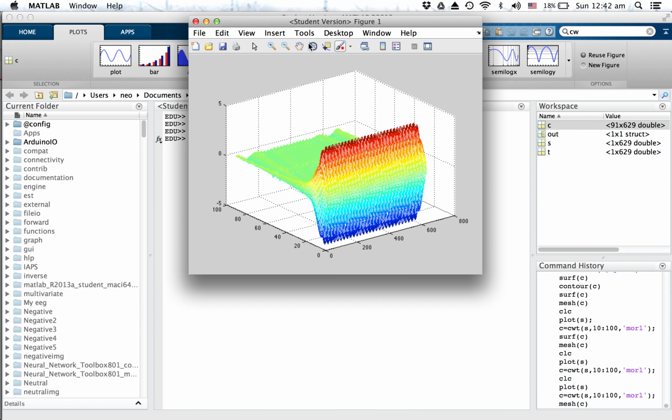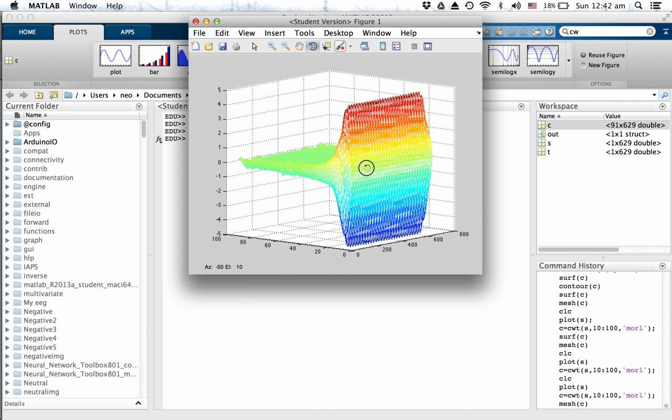Now this is the plot. In 3D you can see it has given a peak at one frequency. These are frequencies on this axis, these are time points, and this axis is the power. So at all time points, but only at one frequency, this is the 5 Hz signal, with no peak at other frequencies.